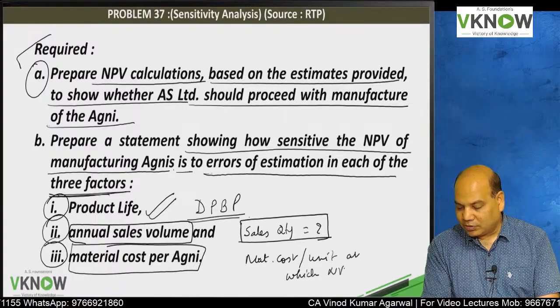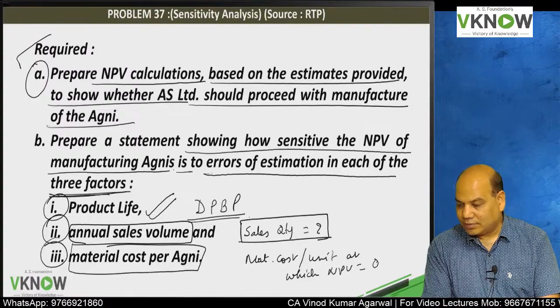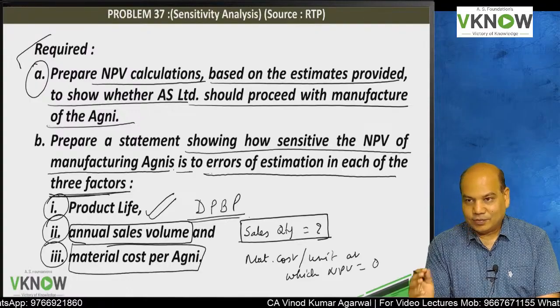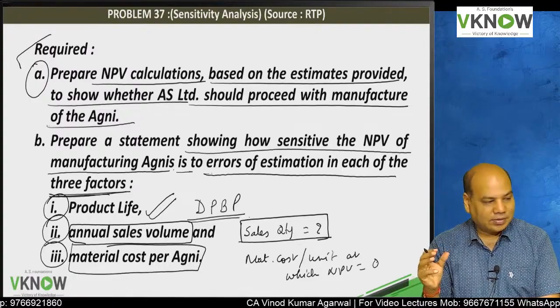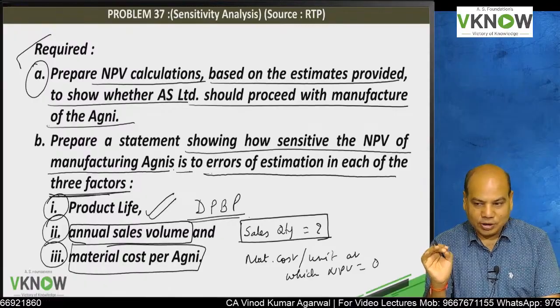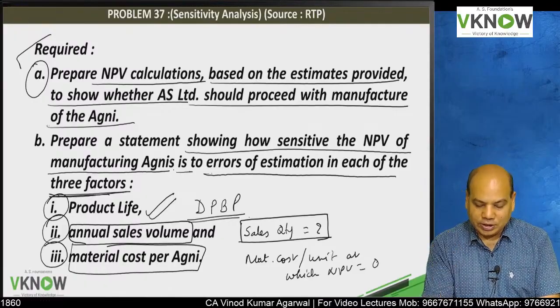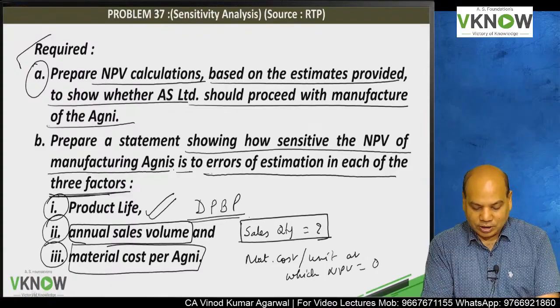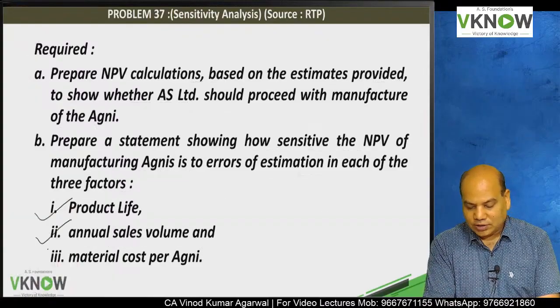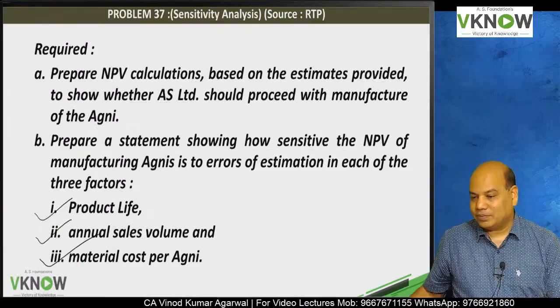So some mathematics skill will be required. You have to do some mathematical calculation and find out what should be the quantity, what should be the material cost, and each item is examined independently.